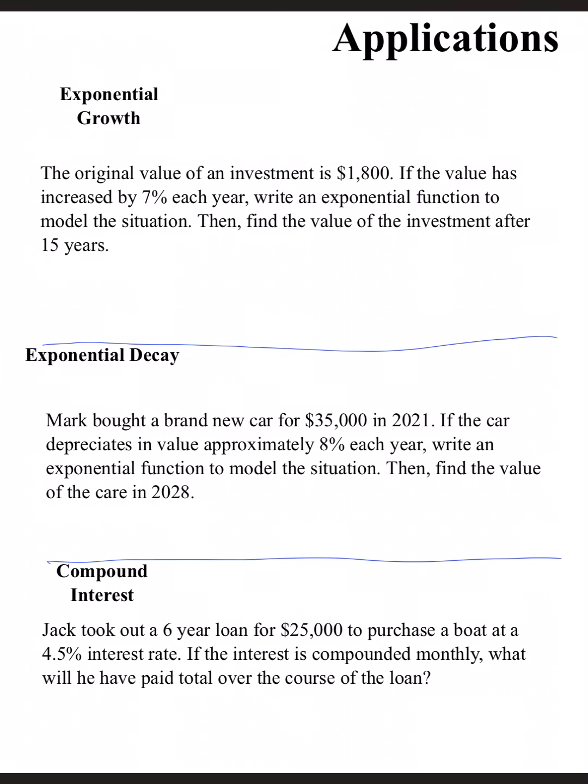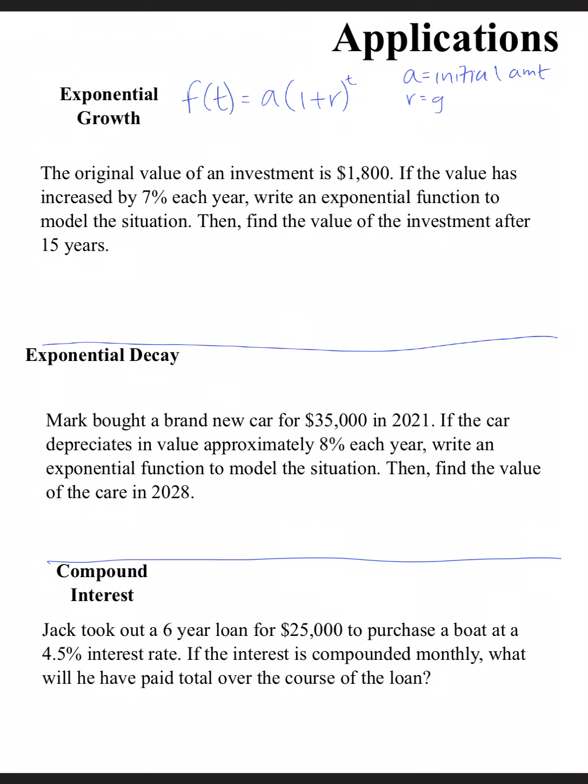So our standard formula for exponential growth is going to be f of t equals a times 1 plus r, and that raised to t. Okay, so a is going to be whatever our initial amount is, whatever we're talking about. We could be talking about a lot of different things, whether that's bacteria, dollars, there's a wide variety of things we can be talking about.